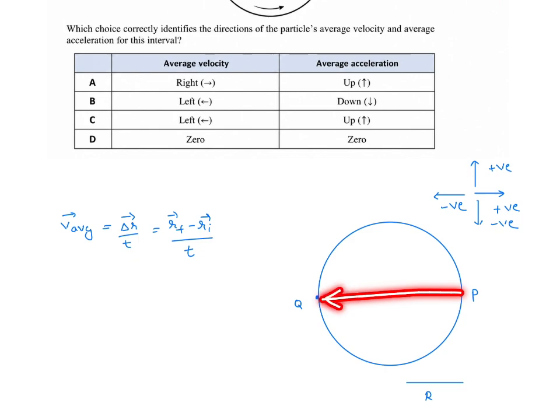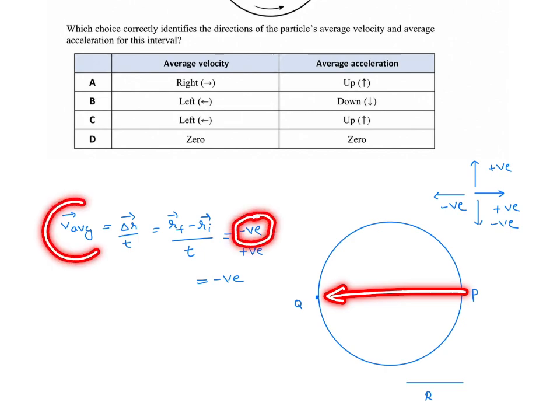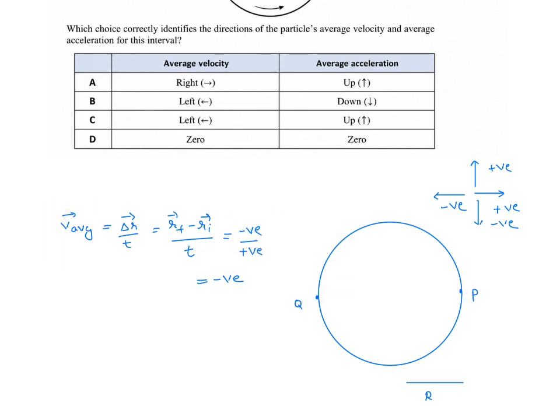So displacement is negative, it is towards left. So displacement is negative divided by time, which of course will be positive. So in this case, it comes out to be negative. So direction of displacement is negative, and therefore direction of average velocity comes out to be negative. So direction of average velocity, we know it is negative. It is like this.